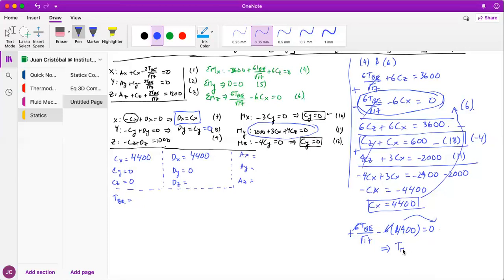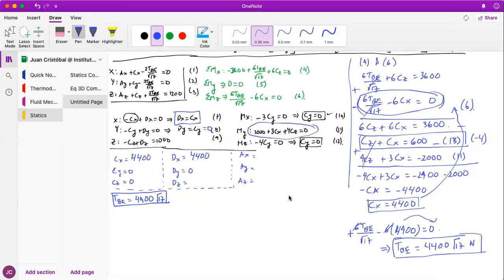Therefore, I will have a positive TBE, which I was looking at positive because that thing is a cable. So I'm thinking this guy actually pulls instead of pushing. So 4400 square root of 17. You know, I hate the decimals. It's newtons. So therefore I have 4400 square root of 17, big boom bam. So you already have it over there.